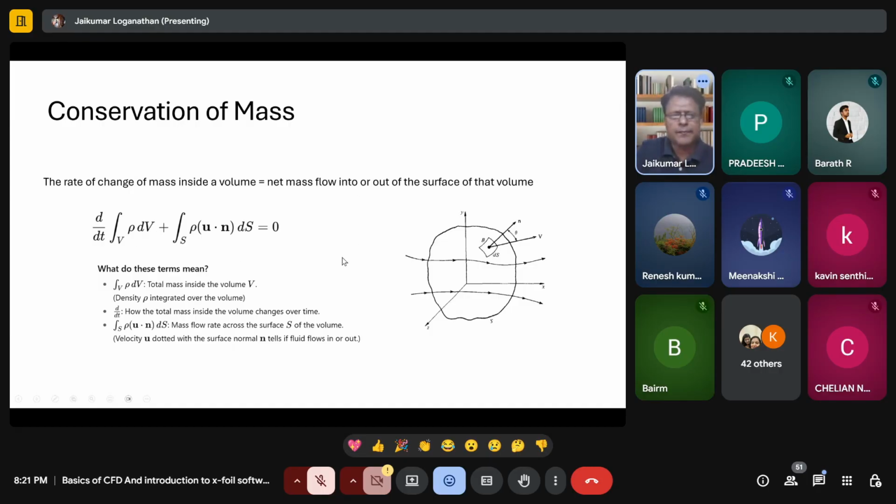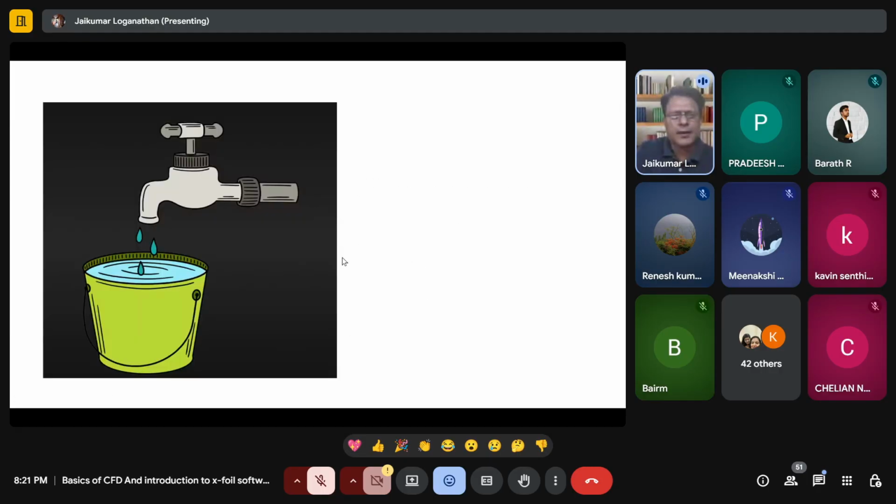So let's look at a practical example, right? Imagine that you are filling water in a bucket. The bucket has walls all around, and it has only one open surface at the top. The rate at which the mass is going to increase inside the bucket depends only on the flow that is coming through this surface, right?